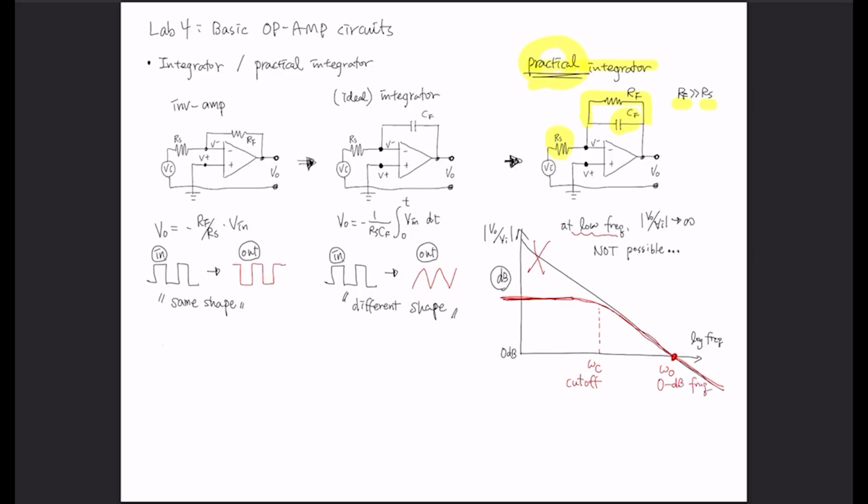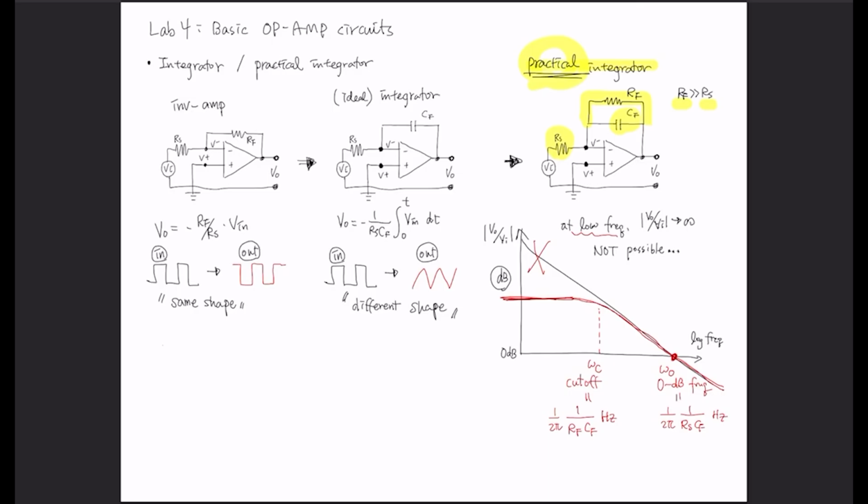The cutoff frequency is defined as 1 over RF CF, over 2 pi hertz, and the 0 dB frequency is 1 over 2 pi RS CF hertz.